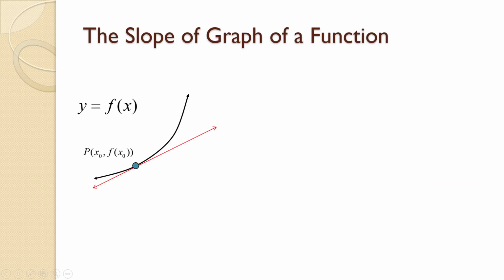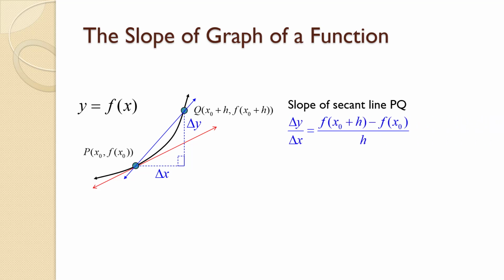So if you recall, the way it came about, at least one way, was that we were after the slope of the graph. We found a point on the graph, x0 comma f of x0. We then increased the x value of the point a little bit and found the corresponding point on the graph. From there, we have a change of x and a change in y. We found then the slope between these 2 points to get the slope of the secant line.